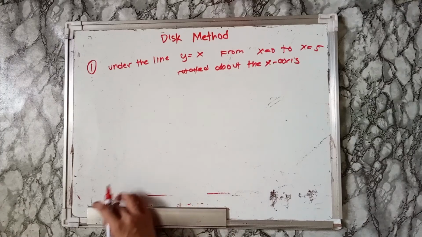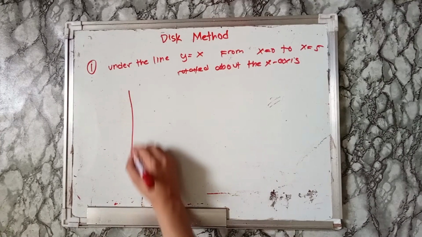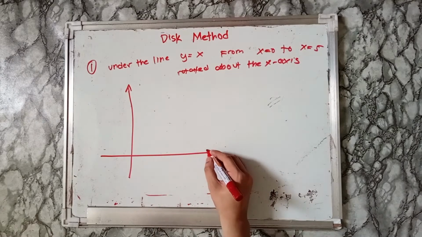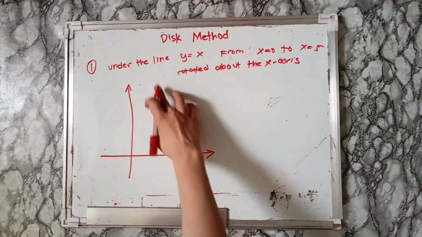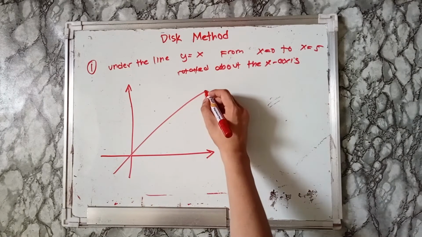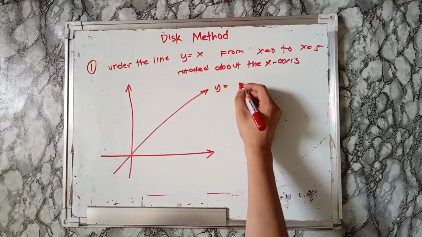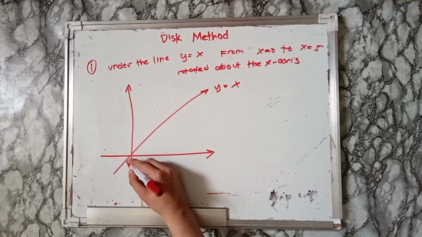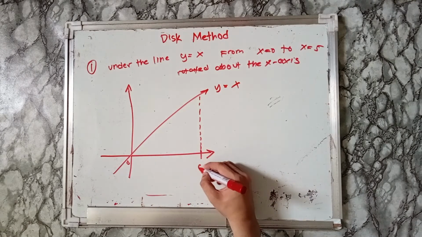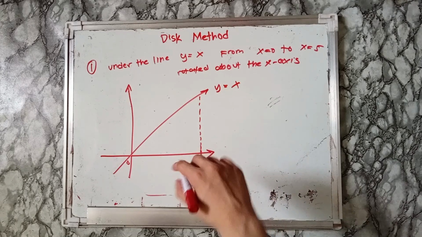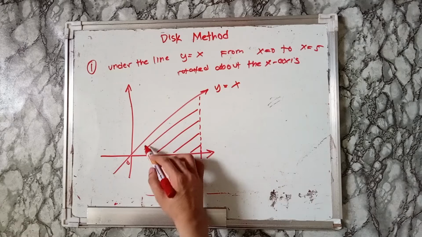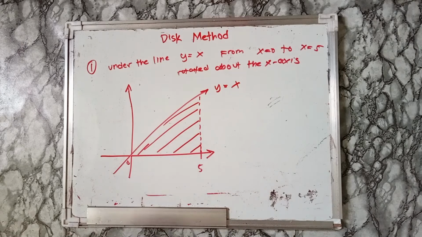Now, of course, our solution is first to graph. So our line y is equal to x is just something like this, right? y is equal to x, and of course our limit is 0 to, let's say this is 5. So our area of interest is here.